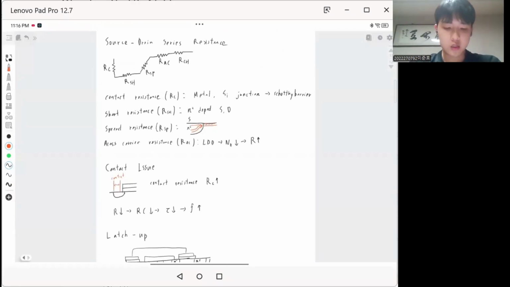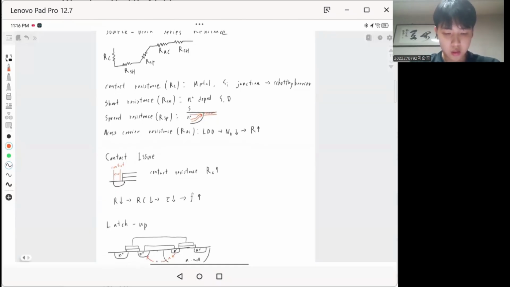Next is the source drain series resistance. First is the contact resistance, the resistance between the metal and silicon junction, which makes the Schottky barrier. Next is sheet resistance, the resistance in the source and drain.